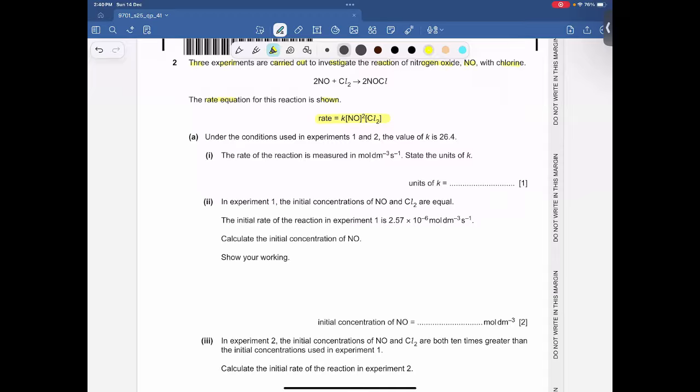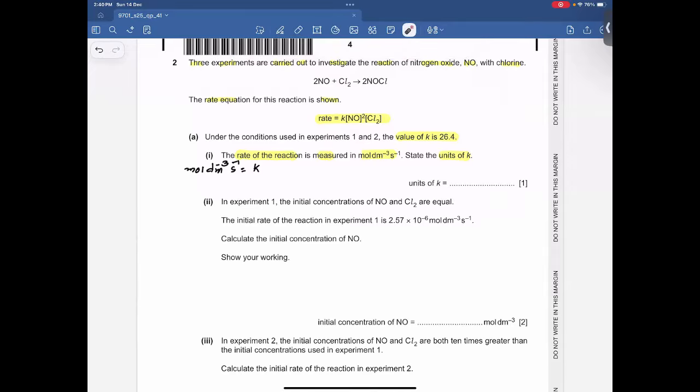Under the conditions used in experiments 1 and 2, the value of k is 26.4. The rate of reaction is measured in mol per dm cubed per second. Determine the unit of k. So that's an easy thing. Rate has a unit of mol per dm cubed per second. k will remain as it is.